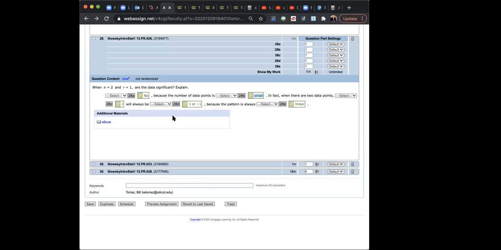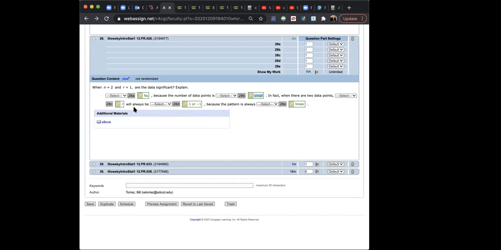Now, remember that 2 points determine a line in the plane, and that line could have negative slope. If it has negative slope, then the correlation coefficient of those 2 points would be -1. And if it's not negative, it would be equal to 1.